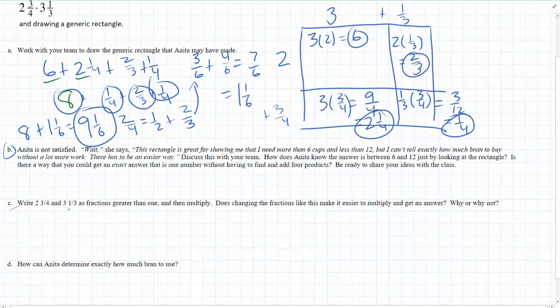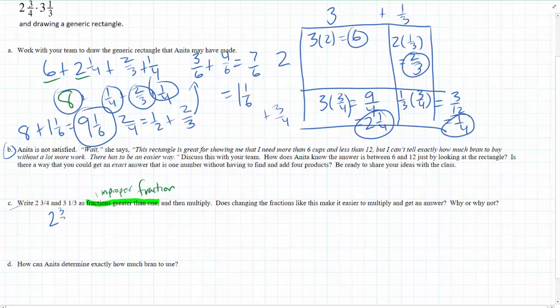Write 2 3/4 and 3 1/3 as fractions greater than 1. Again, fractions greater than 1 just means improper fraction. And then multiply. Does changing the fractions like this make it easier to multiply and get an answer? Why or why not? Okay, let's try that out.